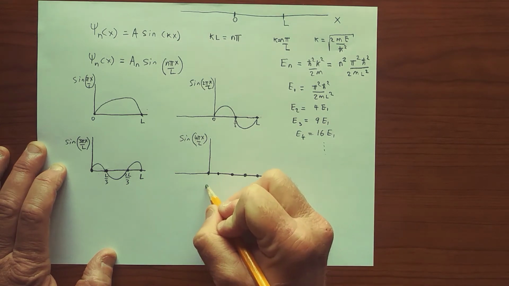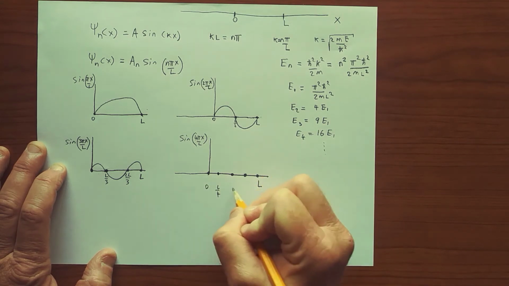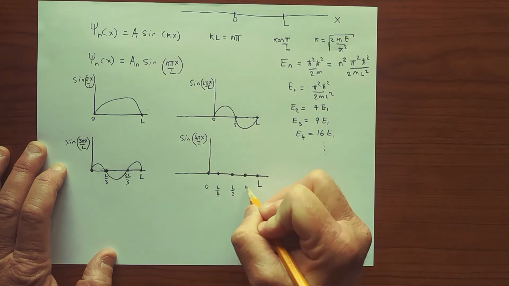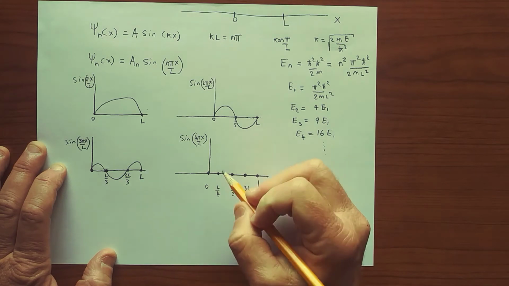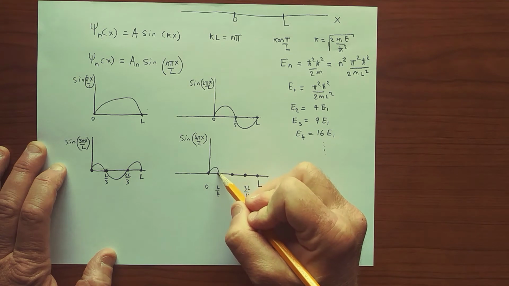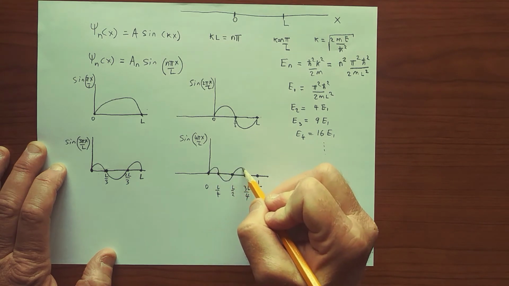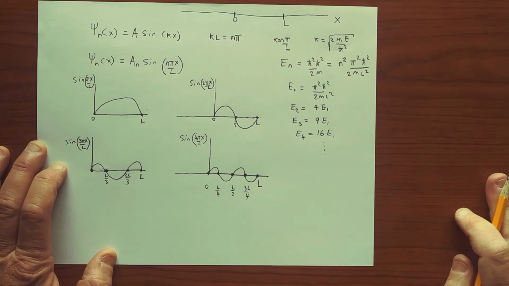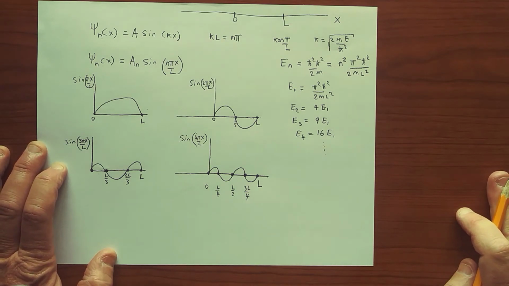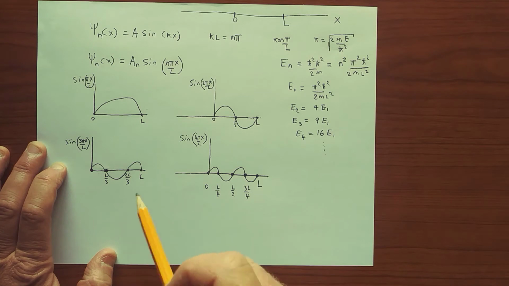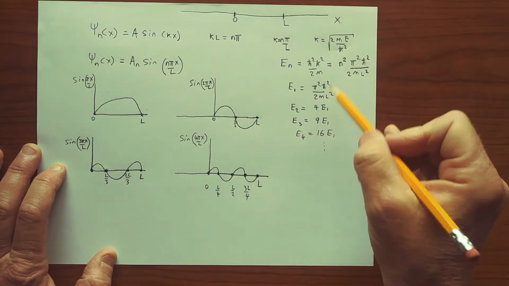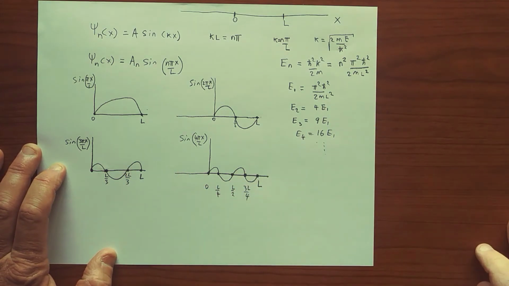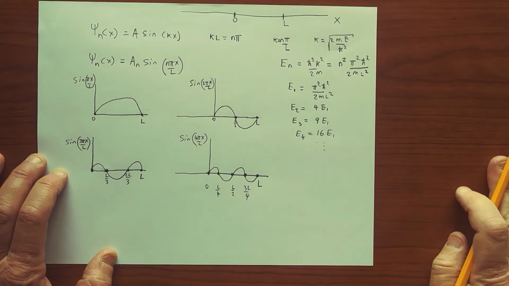So this is 0, L over 4, this is L over 2, and this is 3L over 4. And the function does that. And so on. So we're starting to see that as the energy increases, we get more waves or more nodes.